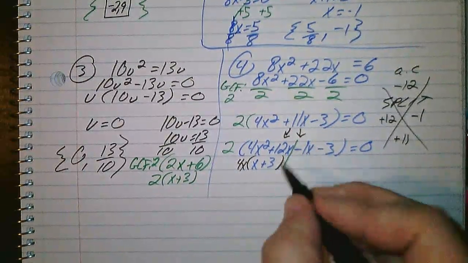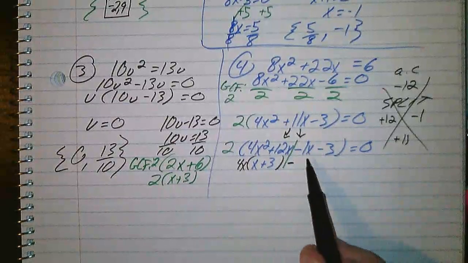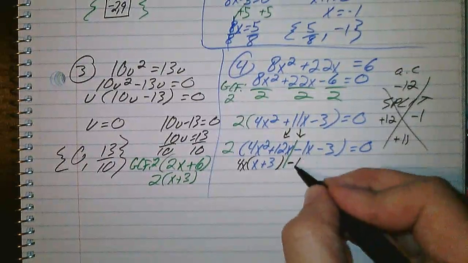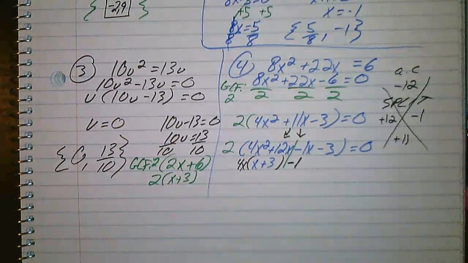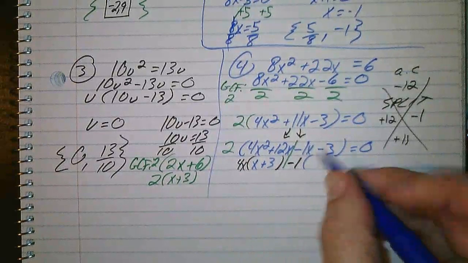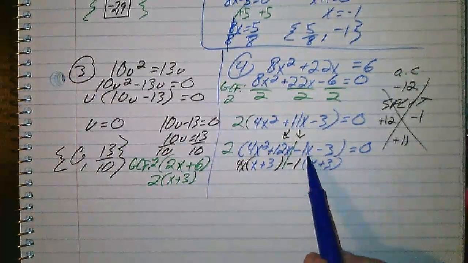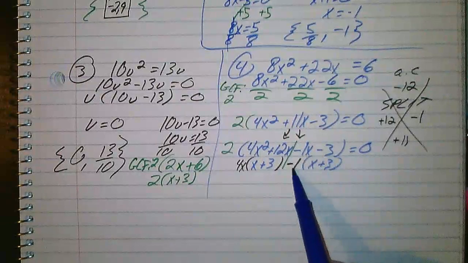We carry down this negative. So if you can't factor anything out of the two terms, you can always factor out a 1. In this case, a negative 1. Leaving us with x plus 3, because we're dividing both of these terms by negative 1.